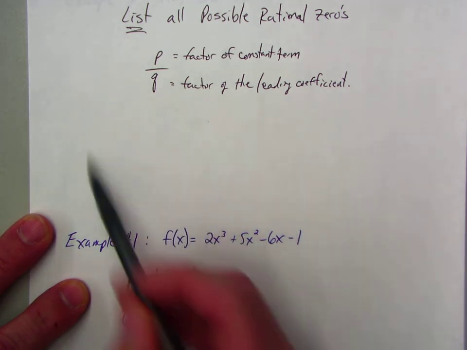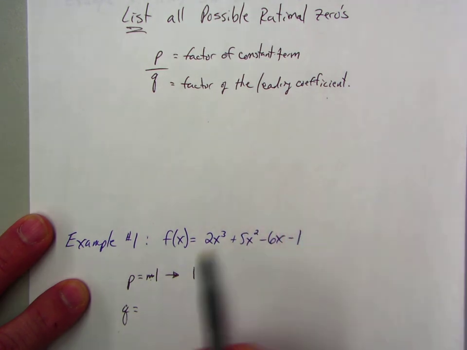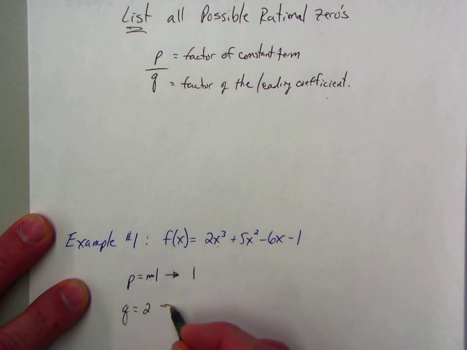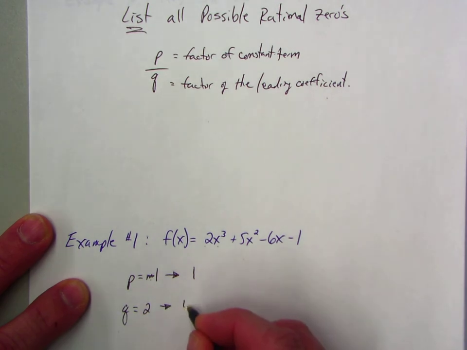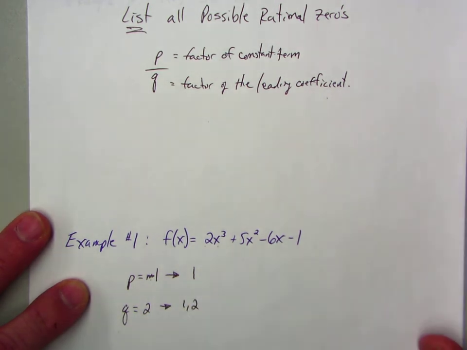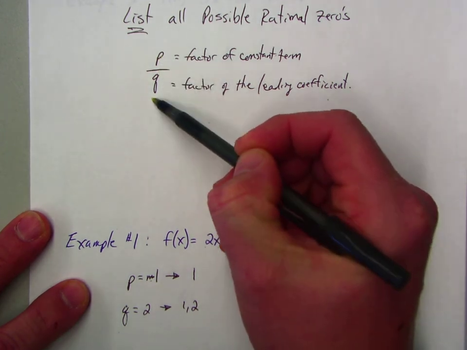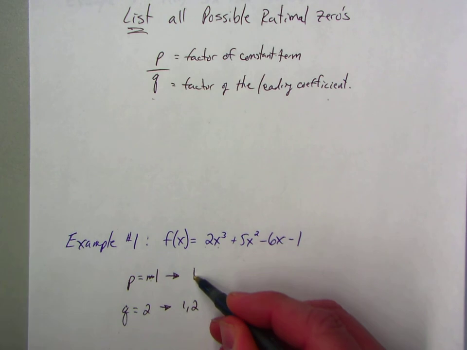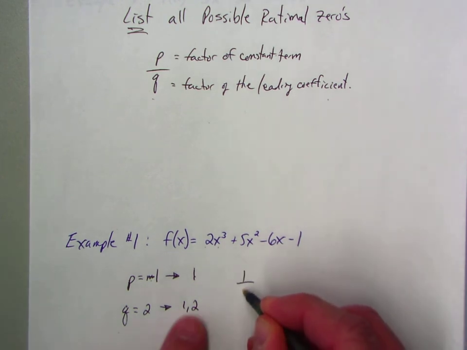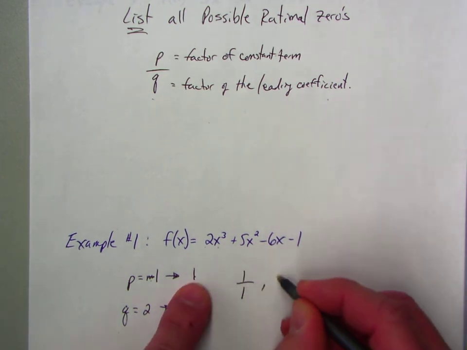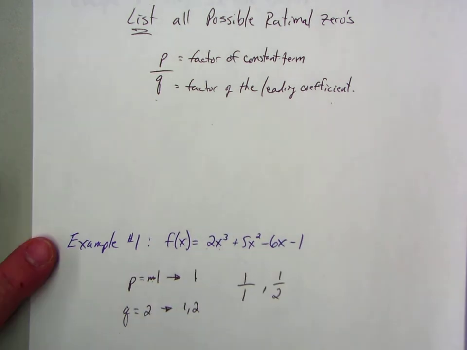Q is the factor of the leading coefficient. Here the leading coefficient is 2. So the factors of 2 are 1 and 2. And you notice here you put all the P's over Q's. So I start with P, so I'm going to do 1 over 1, and then 1 over 2.